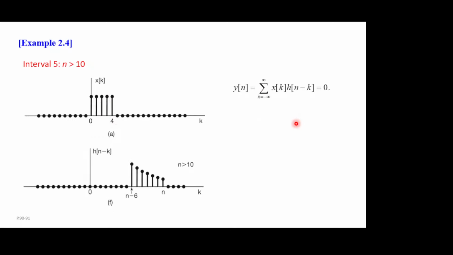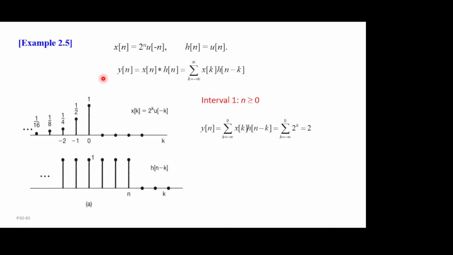Then finally, when we have very large n, so when n minus 6 is bigger than 4, that means n needs to be bigger than 10, then once again this and this have no overlap, so multiplying together is 0, so everything is 0. Okay. So in this very complicated example, your answer is put into 5 parts.